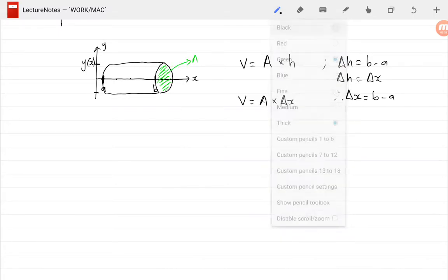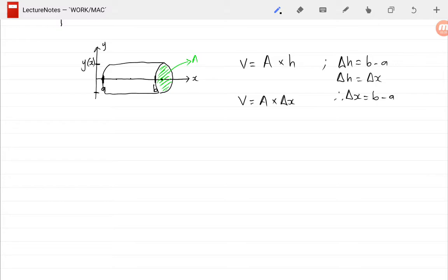This area, we can find it using our understanding from primary school of the circle. So the area should be pi r squared multiplied by our change in x there to give us the volume again.